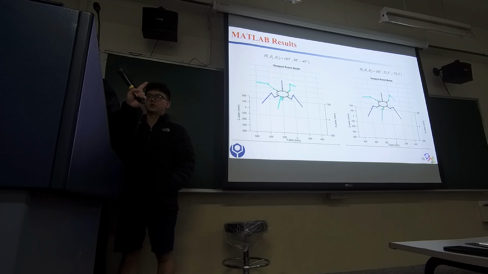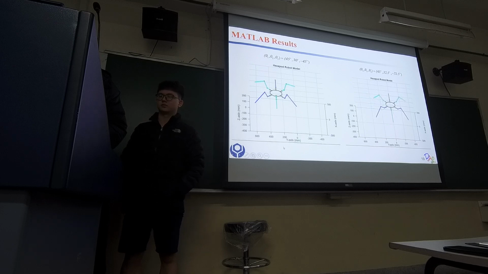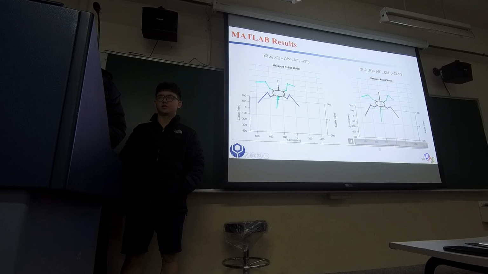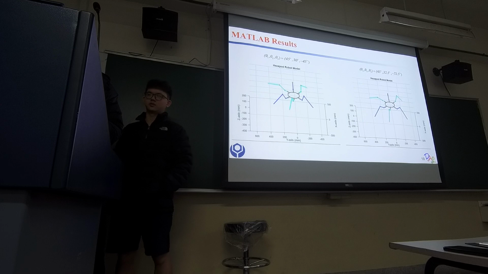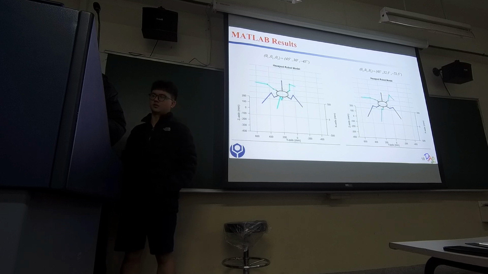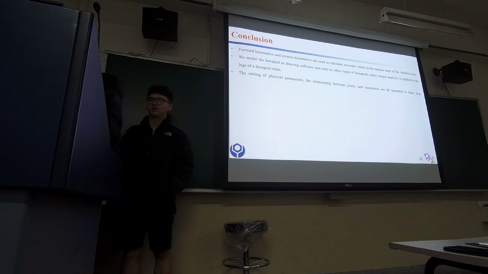You can see that after we optimize the best parameters, the moving step is much larger than the previous one. So in our case, we successfully optimized our moving step. Next is our conclusion.